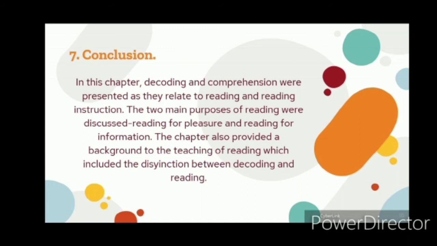The chapter also provided a background of the teaching of reading, which includes the distinction between decoding and reading, the use of authentic materials including environmental print as well as materials which are intended for ESL and EFL learners. Information on how to use a variety of techniques to teach reading were provided.